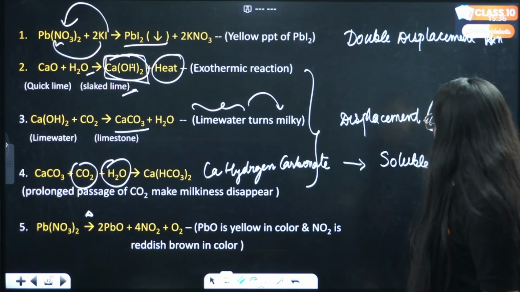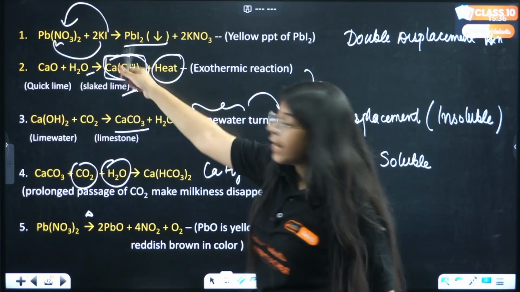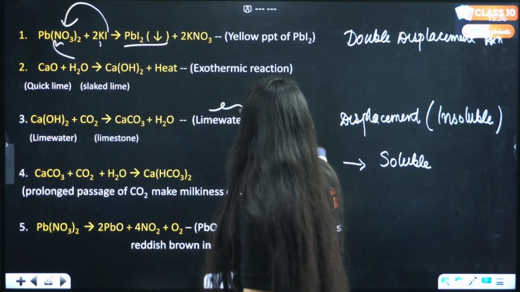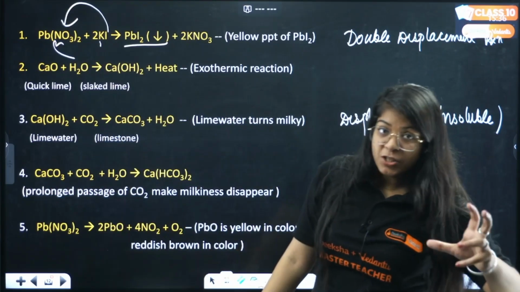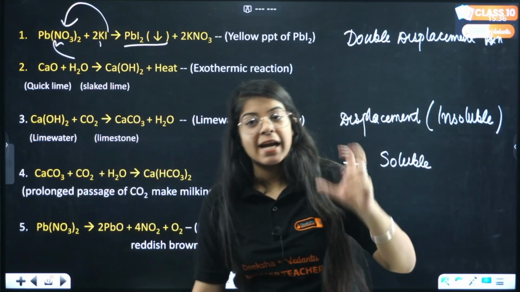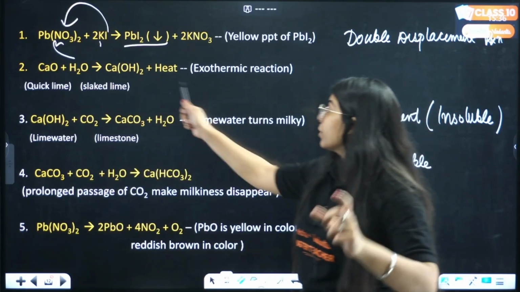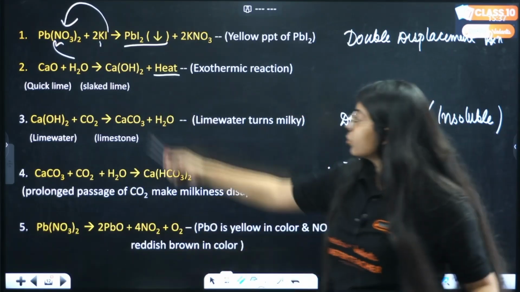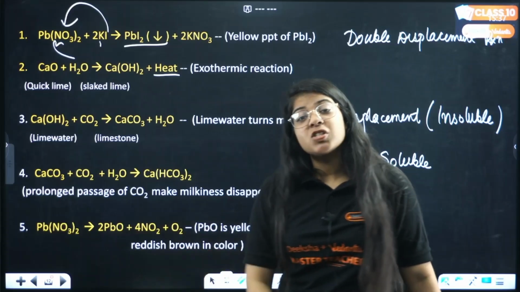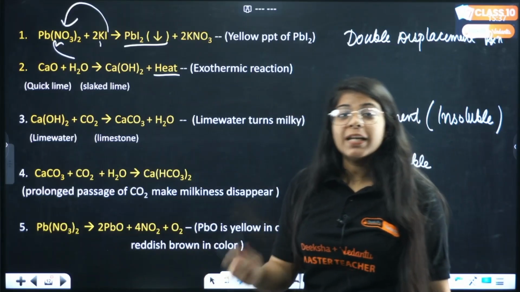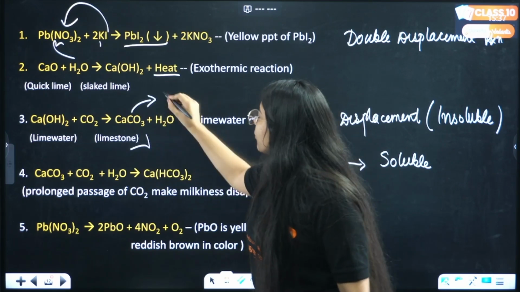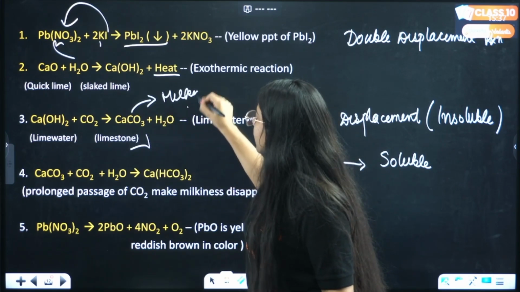So we started with simple CaO, we combined that with water. Wait, let me clear this all out. What we did: we started with calcium oxide, we combined that with water, that became calcium hydroxide, and that is an exothermic reaction, heat is produced, and this is called slaked lime or lime water. When lime water is again added with CO2, it becomes calcium carbonate, that is our limestone, and this calcium carbonate is milky in nature, correct?